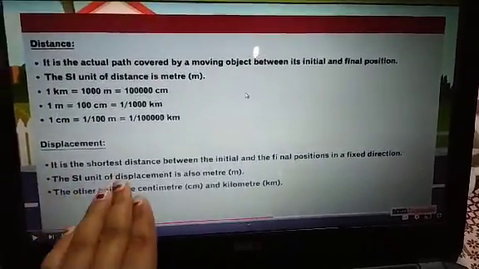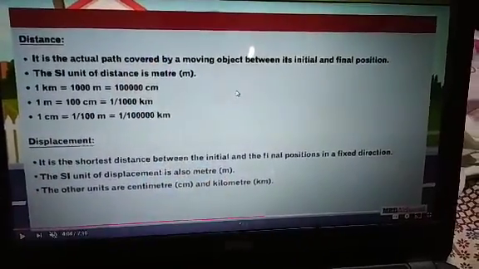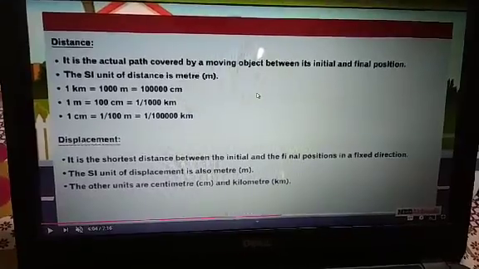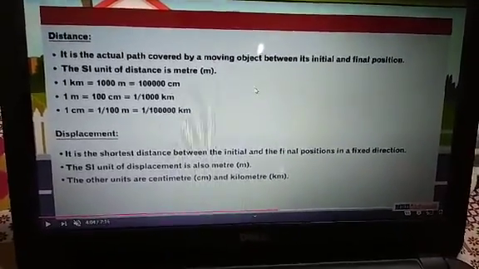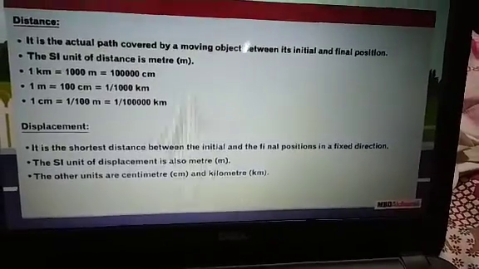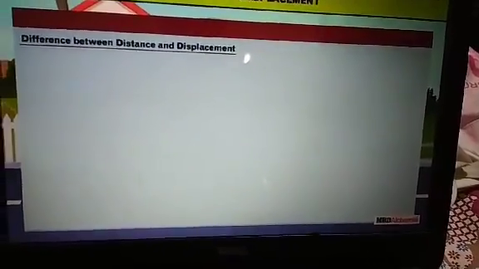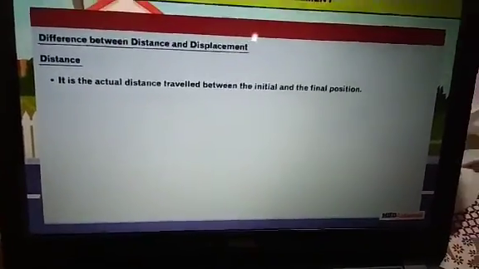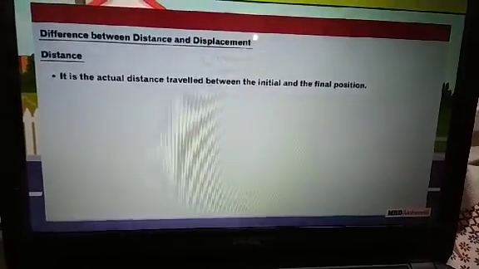The SI unit of displacement is again meter, and other units can be centimeter or kilometer. Okay? Now, let us know the difference between distance and displacement. This is a very important topic for the class 7th as well as for the class 9th.